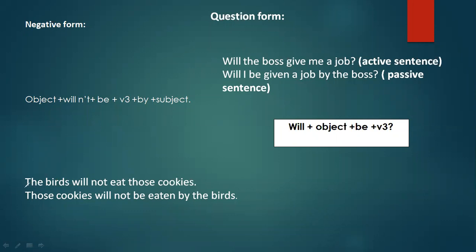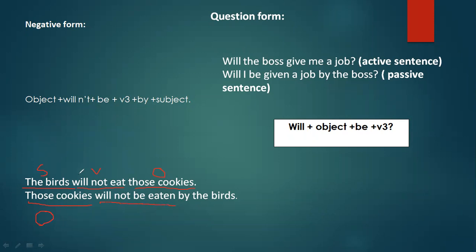The birds is the subject, will not eat is the verb, and those cookies is the object. To make it passive we start with the object, so we put those cookies first at the beginning of the sentence.